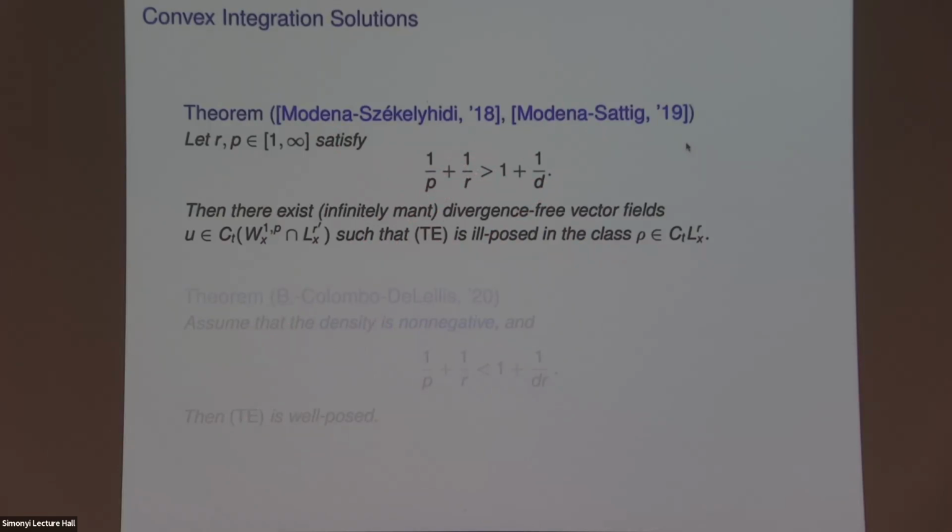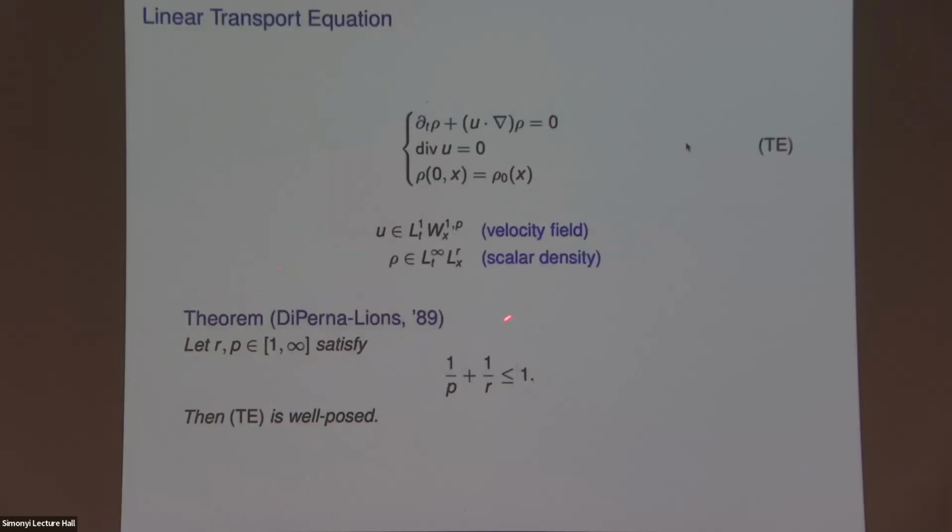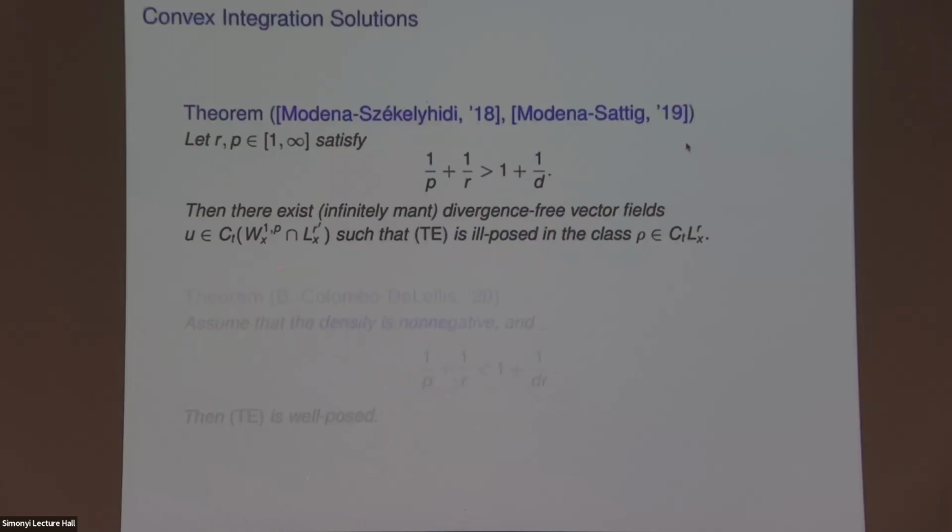One can show non-uniqueness, a series of wild behaviors for the linear problem. And notice that there is a gap between the well-posedness range found by DiPerna-Lions and the ill-posedness range obtained by convex integration.